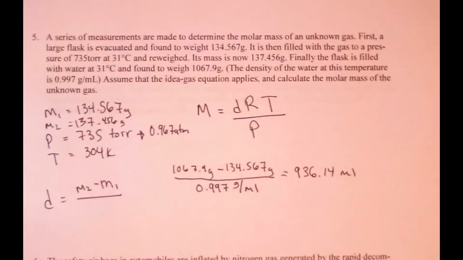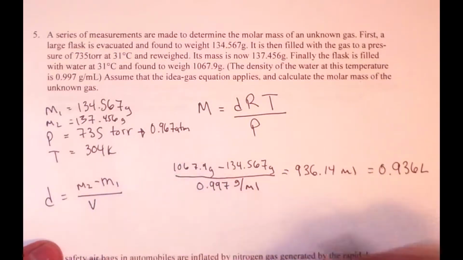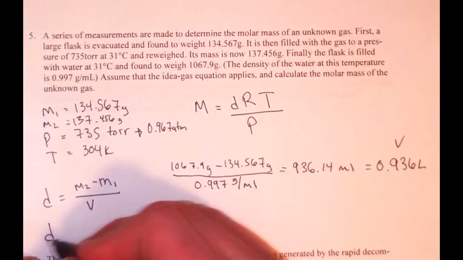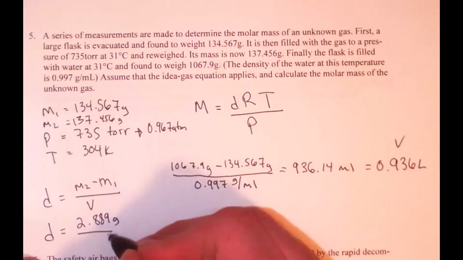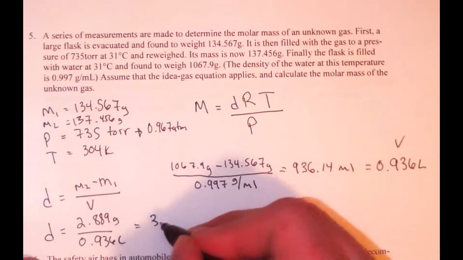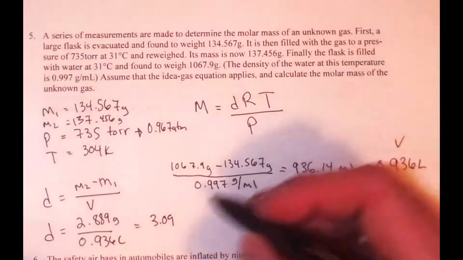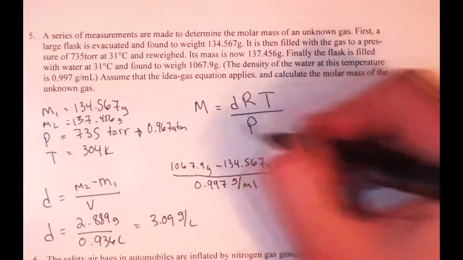We can't deal with anything in milliliters, so we know that that's 0.936 liters. And that's our volume. So density is equal to 2.889 grams over 0.936 liters. So now I have grams per liter, I have my density, so I've got it all now.